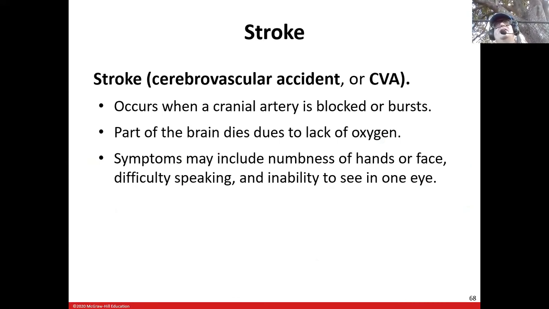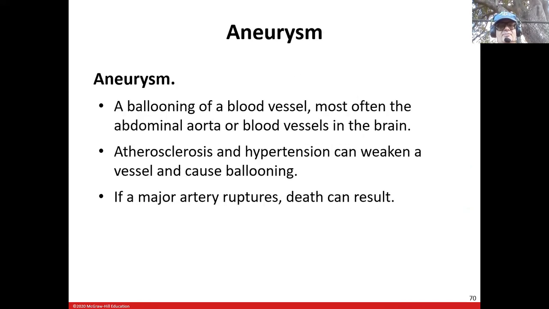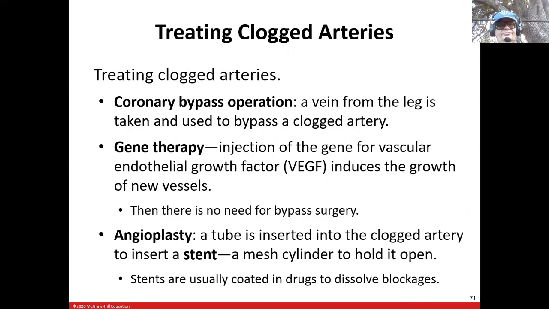It's not as bad as it sounds, because the veins have a lot of what we call anastomoses, places where the vessels grow together. And so if you can't drain through the normal vein, you probably have some other smaller vein nearby that you could drain through. So if they take out a vein and use it for a graft for a coronary artery replacement, it's possible. And it's your own tissue.